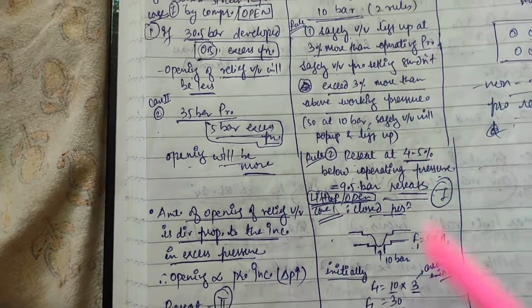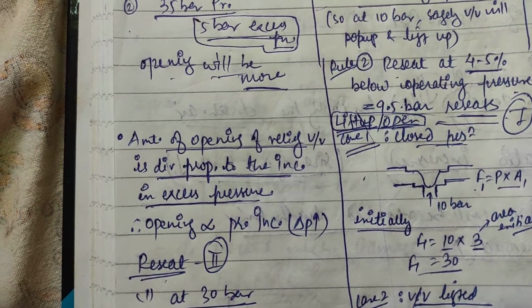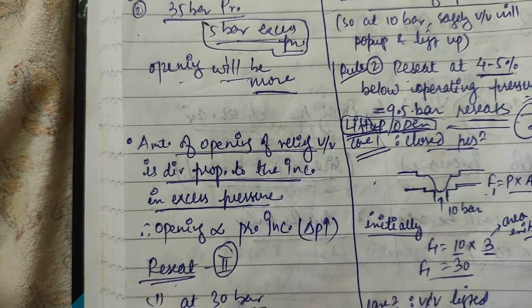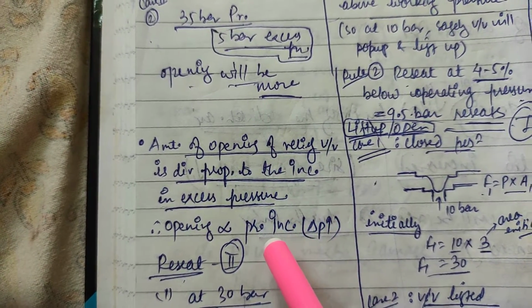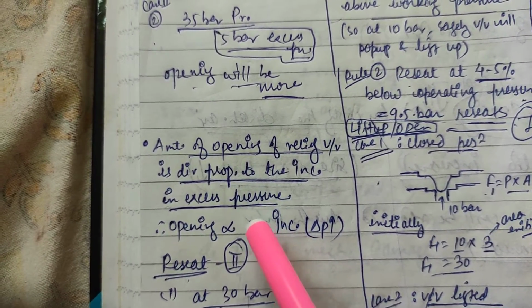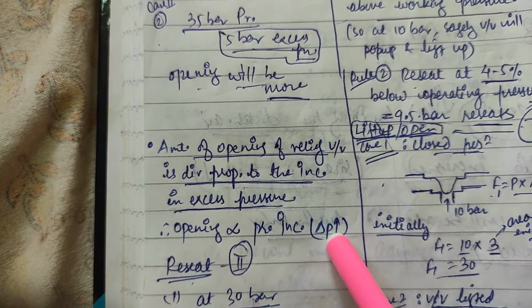So we can make a point that the amount of opening of the relief valve is directly proportional to the increase in excess pressure.